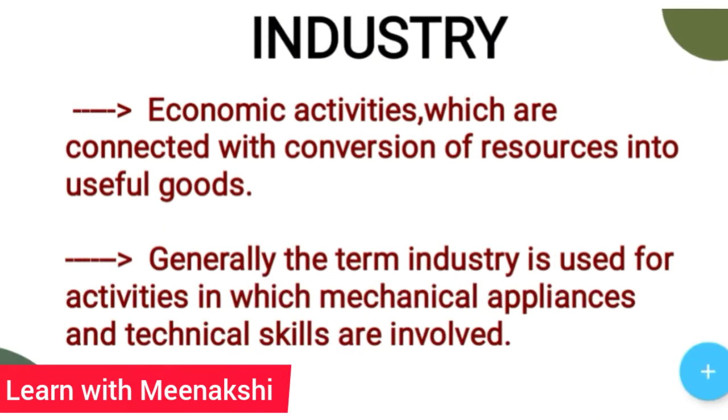Industry. It refers to economic activities which are connected with conversion of resources into useful goods. I have already explained the meaning of economic activities, which refers to any activity done by a human being to earn money or profit.